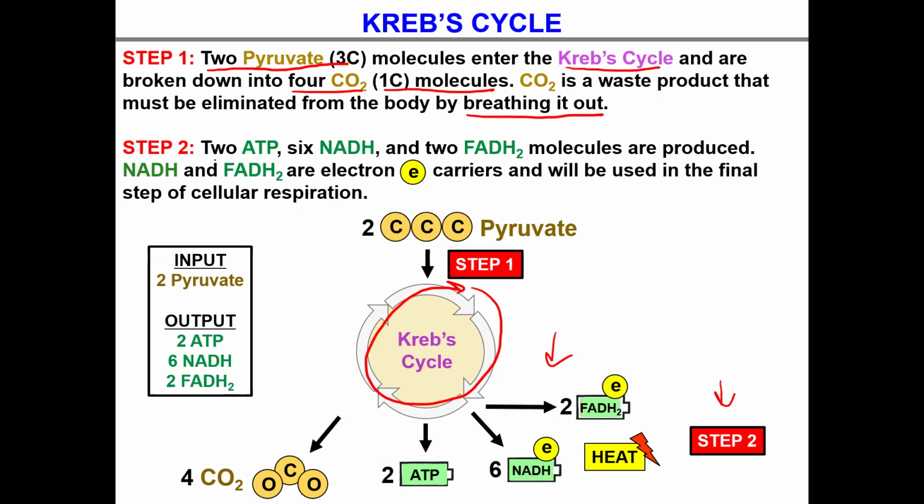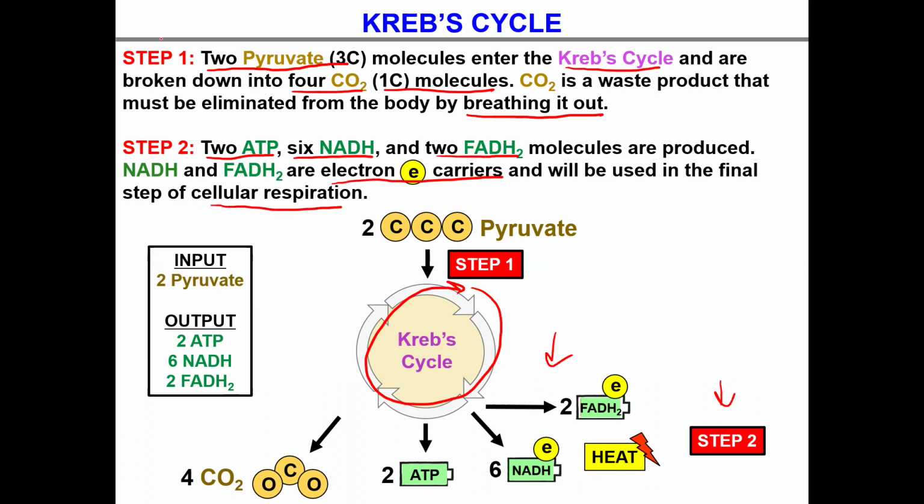In step two, we make two ATP, six NADHs, and two FADH2 molecules. NADH and FADH2 are electron carriers and will be used in the final step of cellular respiration.